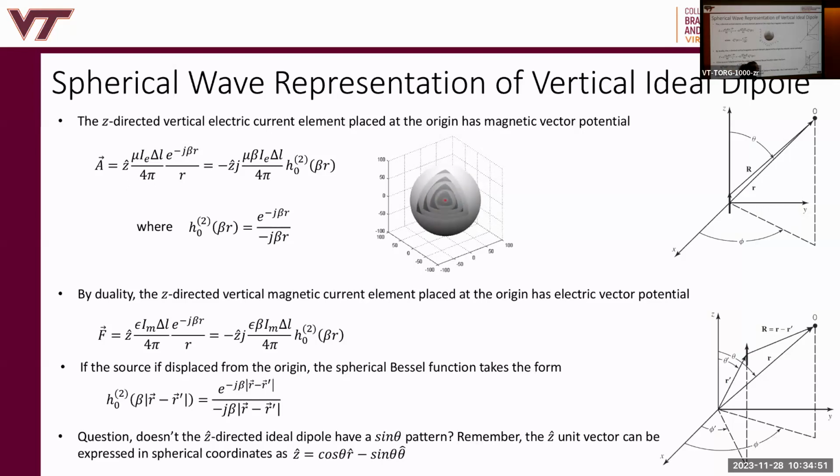All right, so here we have the XYZ axis, Cartesian coordinate system. We have an infinitesimal ideal dipole located at the origin. And the observation point is at R. Remember, the observation is always R, unprimed, right? That's this vector here.